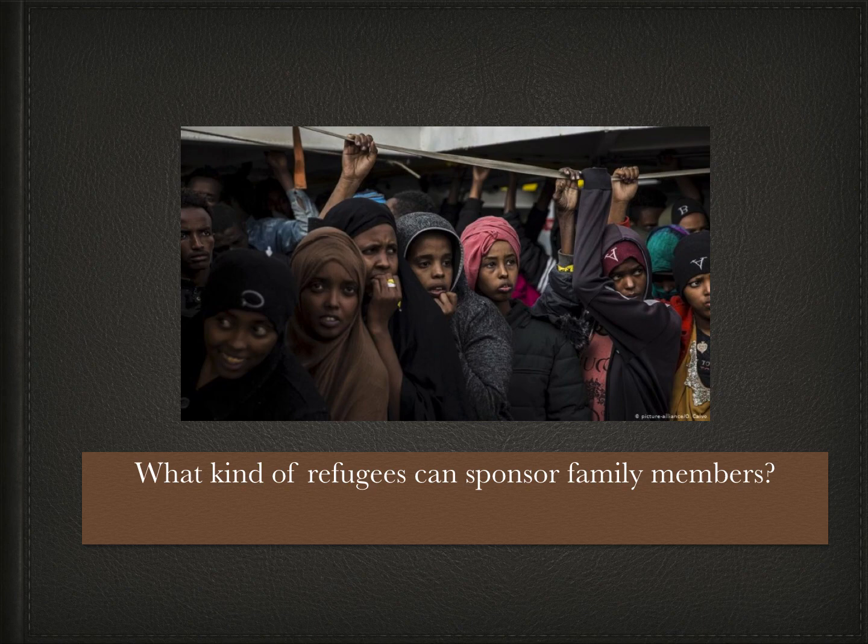So if you were granted humanitarian protection before 30th August 2005 and you would like your family to join you, you must have acquired indefinite leave to remain before you can sponsor your family member, and then you will have to rely on the normal immigration rules as well.